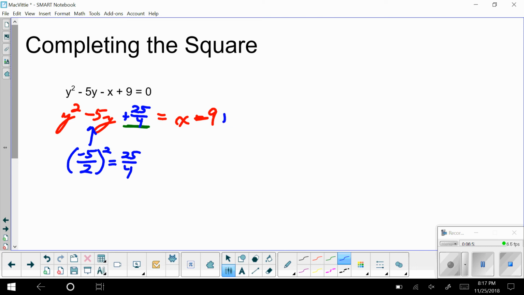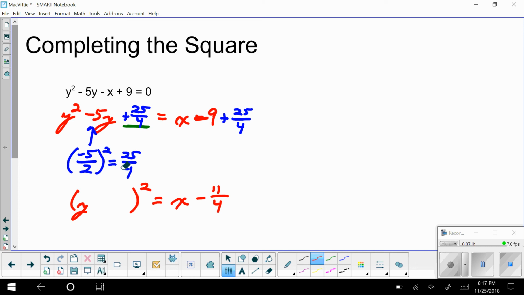But anything I do on one side, I have to do on the other side of the equation, so I'm also adding 25/4 so that my equation stays balanced and I'm able to keep it as equals. Well, that then means that this left side is a perfect square. It's going to be y plus or minus something squared. And then I have x, and combining like terms here, that's 11/4.